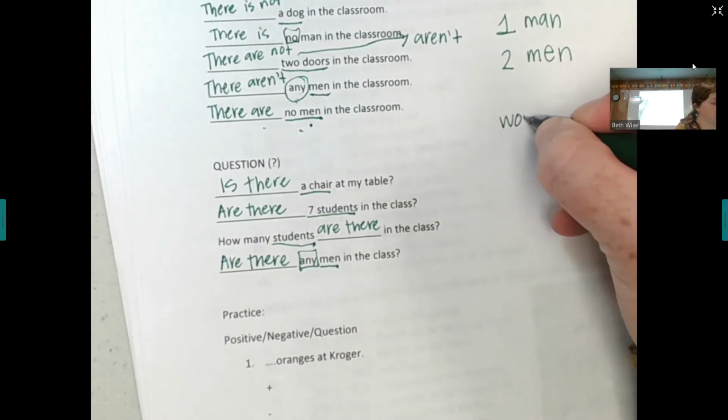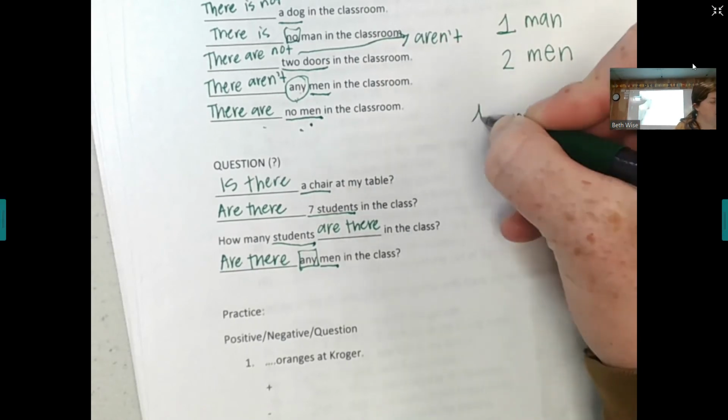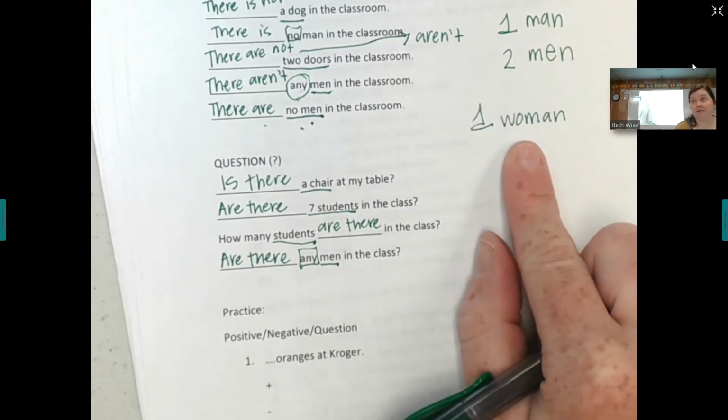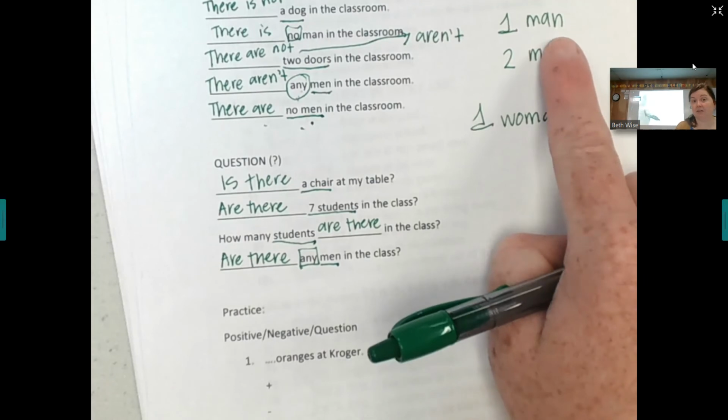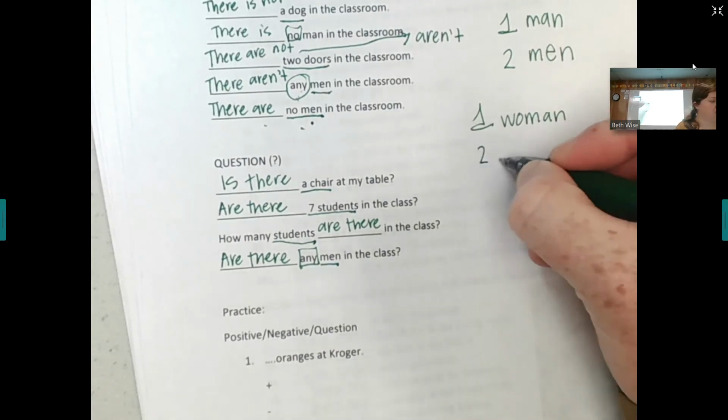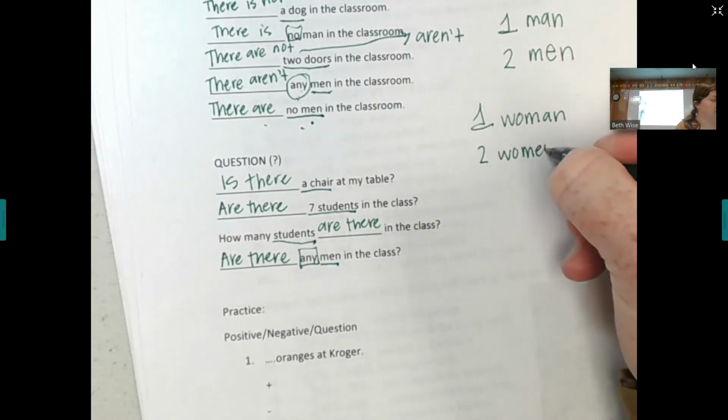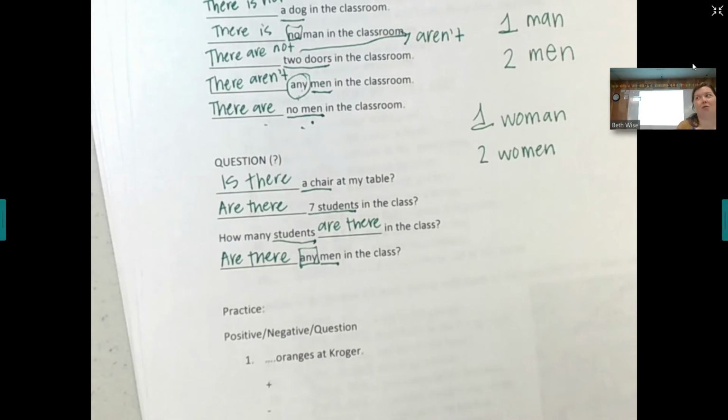So also, one woman, right? A-N, so is one. So then two women. Woman, women. Lleva la E en lugar de la. Woman, women.